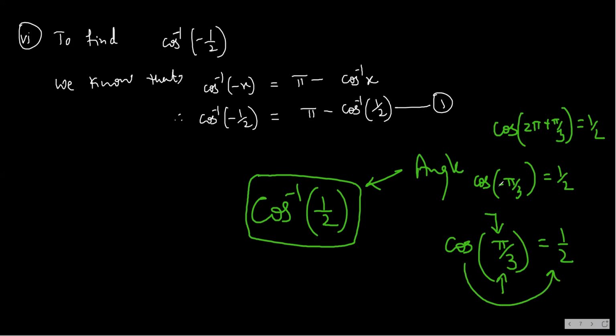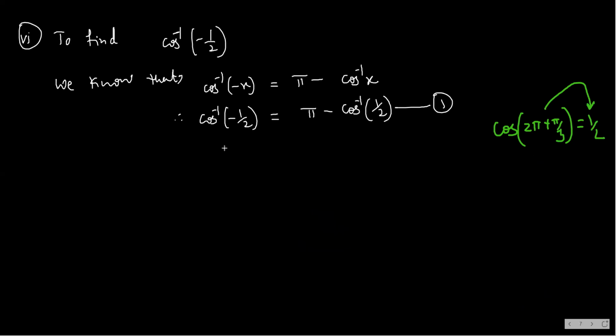Pi by 3. Here? Minus pi by 3. Here? 7 pi by 3. Like this, cos inverse 1 by 2 has so many values. But we have to find the principal value.